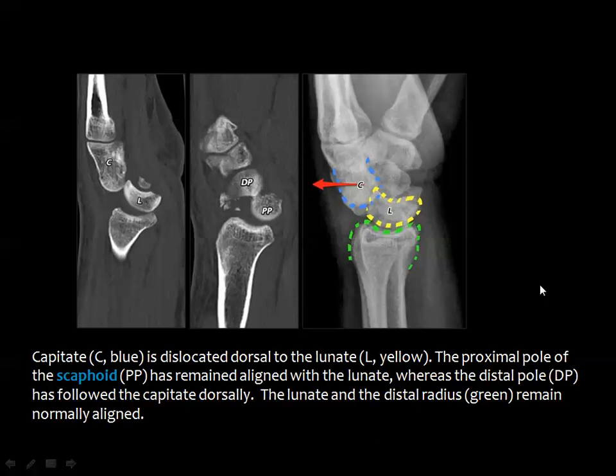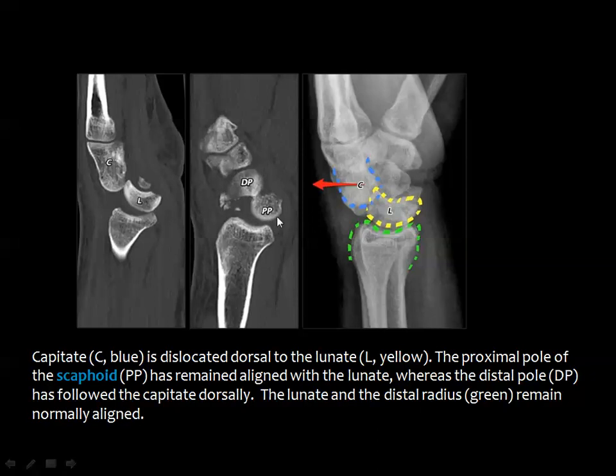You should remember that in perilunate dislocation, the lunate is not dislocated. The lunate remains in its normal apposition and articulation to the radius. What is dislocated are the bones around the lunate, including the capitate, which is dislocated posteriorly, and the scaphoid, which is fractured into 2 segments.